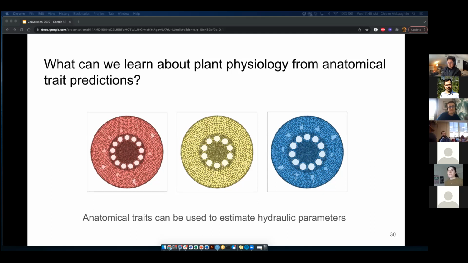Sure. There's a couple parts there, and I don't want to miss any of them. One is plasticity in traits. I think we don't account for plasticity within a trait, but if we can't predict a trait, we're thinking maybe that is due to plasticity within a trait. And two is the idea that plasticity changes across environments.